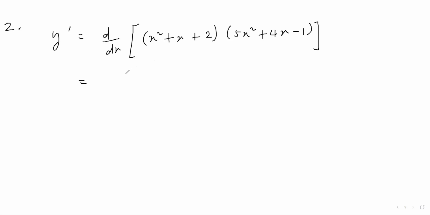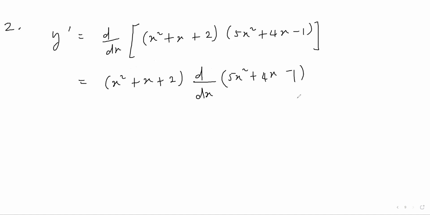Applying the product rule, you have the following. You've got x squared plus x plus 2, and you're going to multiply this by the derivative with respect to x of 5x squared plus 4x minus 1.